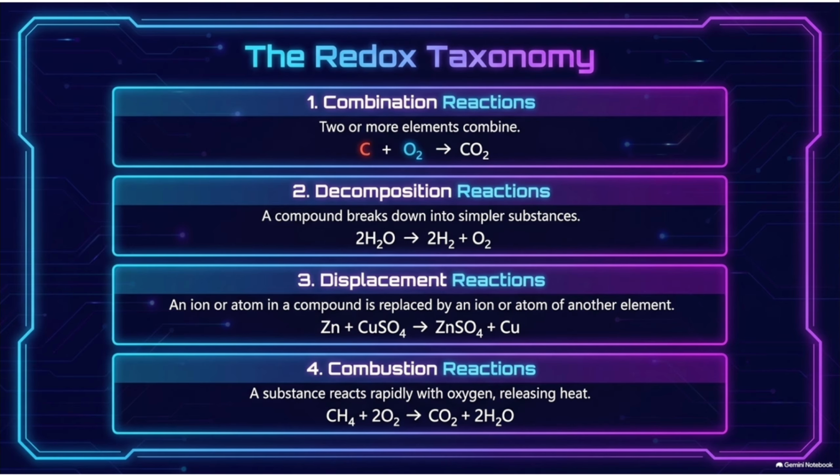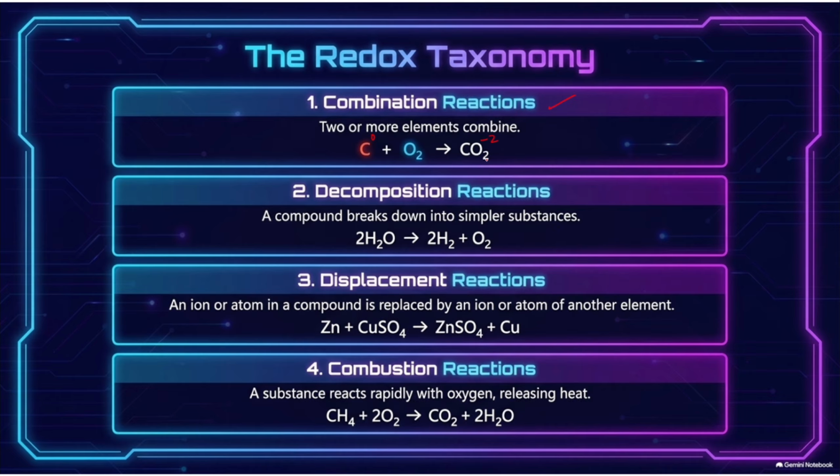Now these are the various types of redox reactions. Like combination reactions we discussed, it is there in grade 10th chapter 1. Combinations, C and O2, they are combining to form CO2. Now since carbon is present in elemental state, so oxidation number is 0. The moment it is combining with oxygen, oxygen is -2.